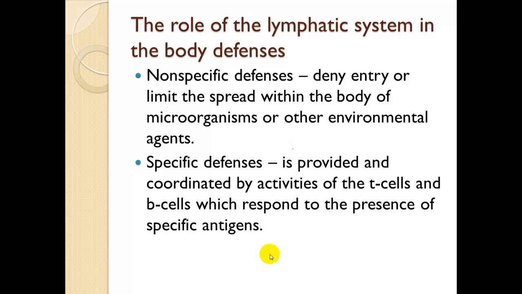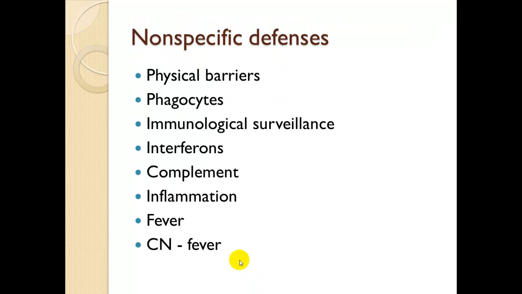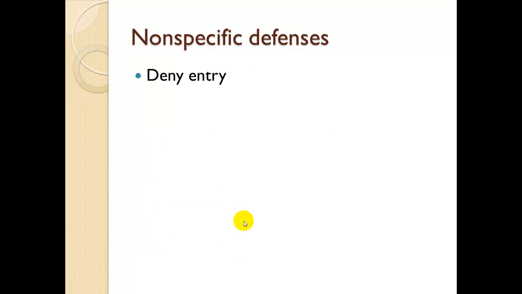Now, this is going to have to present with an antibody. That means that we're going to have had contact with it before. Nonspecific defenses: physical barriers, phagocytes, immunological surveillance, interferons, complement, inflammation, fever, and then a clinical note on fever is what we're going to talk about here.